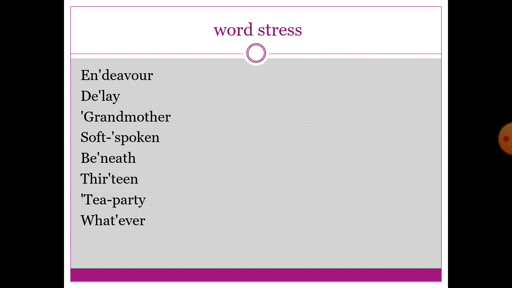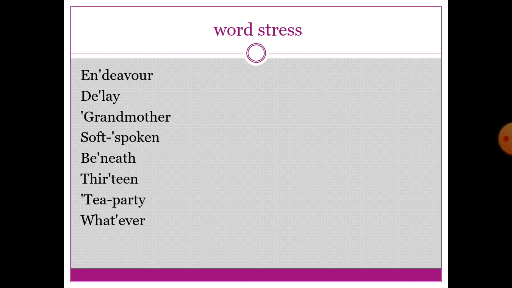When there are nouns in compound words, always the stress is on the first part of the word. And here we are applying rule 2, wherein compound words which act as nouns are stressed on the first part.